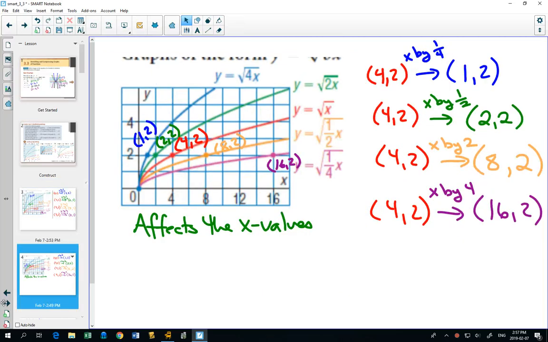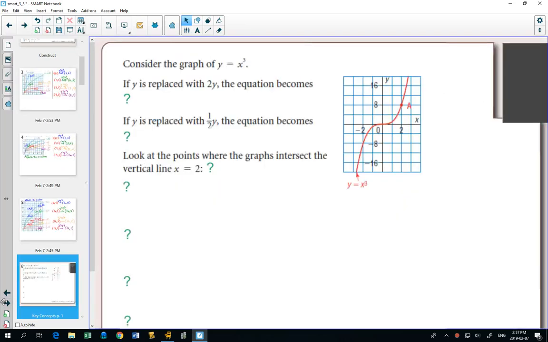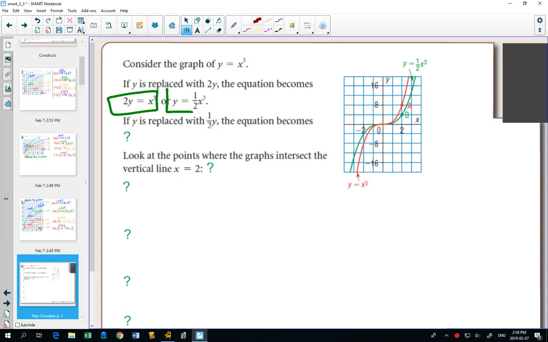So on the next page, they have some more notes of the same things. A couple of things that they show. First of all, if you had 2y equals x cubed, you could rewrite that to get the y by itself. I would rewrite it by dividing both sides by 2.